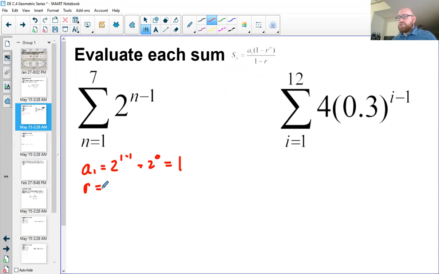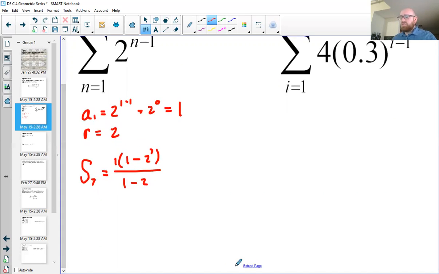And then the common ratio is the base of our exponent, so that is 2. So our formula says S7, because we want the first 7 terms, is equal to 1 times 1 minus 2 to the 7th power, all divided by 1 minus 2.